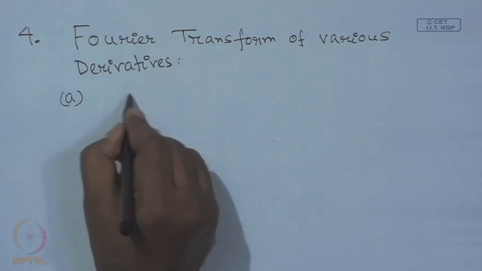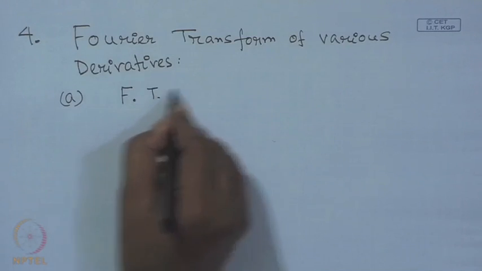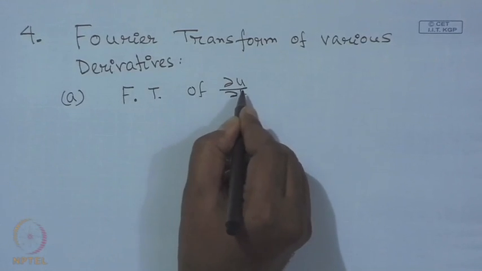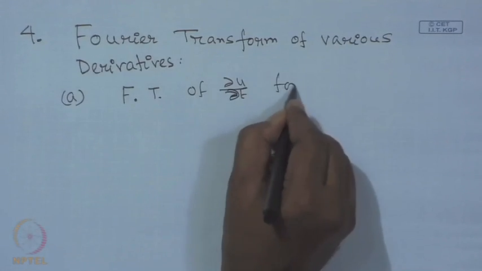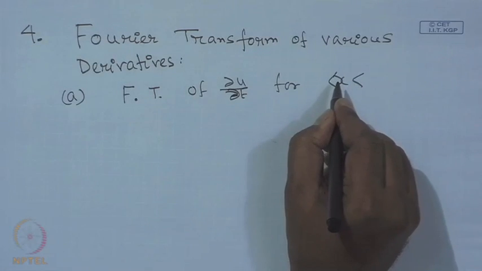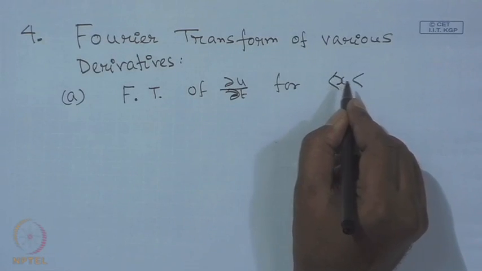The first one is, let us look into the Fourier transform of del u del t for x lying between minus infinity to plus infinity.